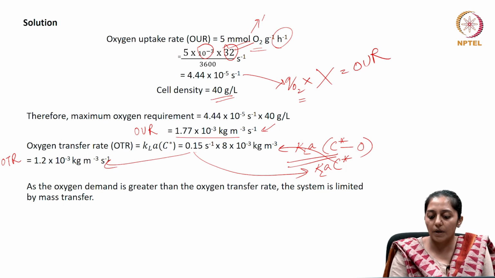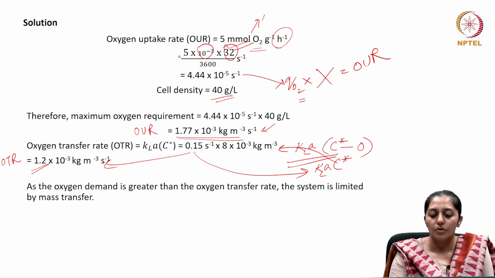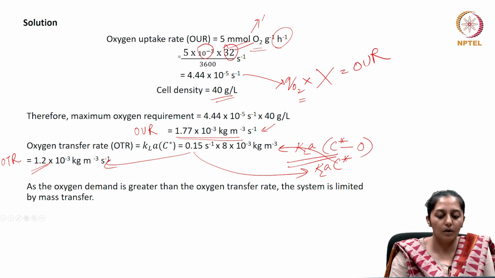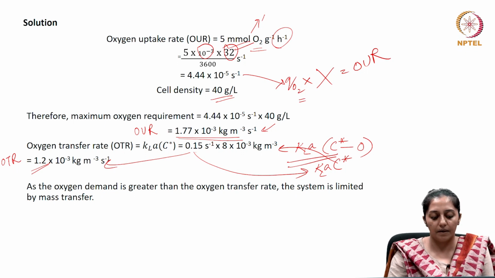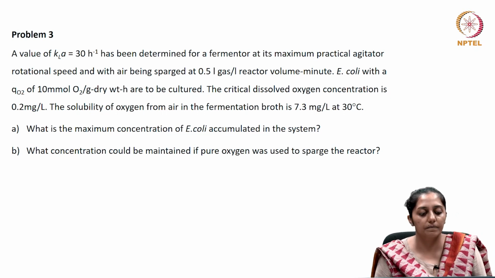OUR is 1.77 and this is 1.2. So, OUR is much higher than the OTR, which means that this system is going to be mass transfer limited. To be specific, oxygen mass transfer limited system.